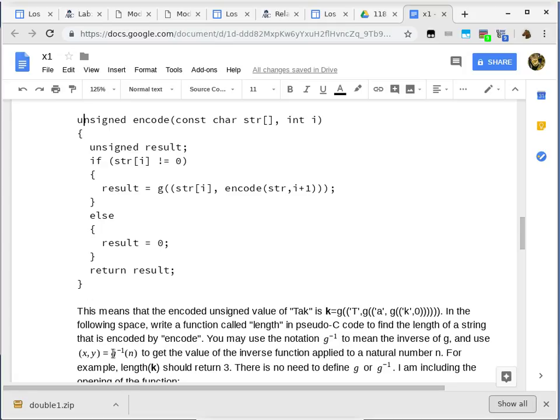There's no actual encoding here. What if it is not? Well, then I'm going to do some recursion. Result, which is a local variable that is returned later, is going to be the G of, okay, the character that I'm responsible for, and the encoded version of the rest of the string.